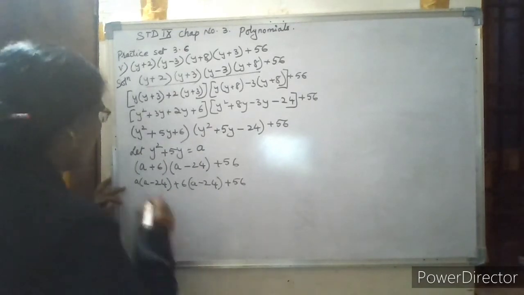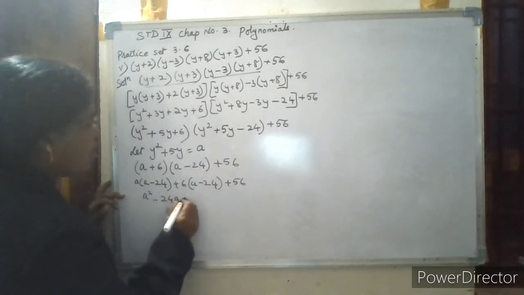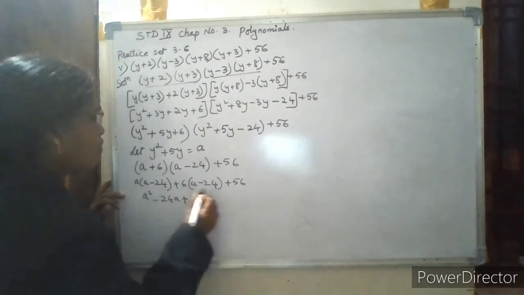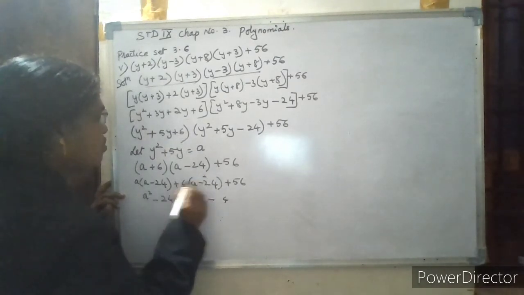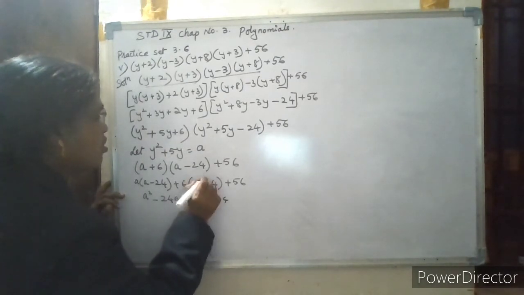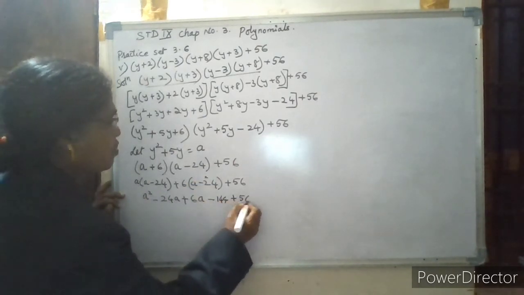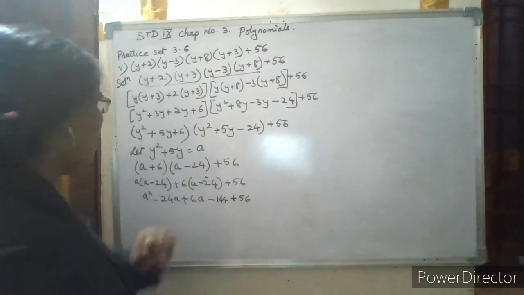Here a into a gives a squared, minus 24a plus 6a, and minus 24 into 6, which is 144, and plus 56 as it is. Now see, these two are similar terms.